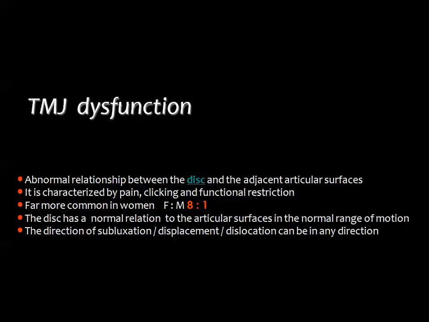Then the dysfunction or derangement of the temporomandibular joint means that there is an abnormal relation between the disc and the articular surfaces, which are the head of the mandible and the articular eminence of the temporal bone. The clinical manifestations include pain, clicking, and movement restriction of the joint.